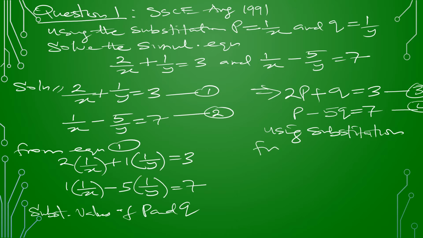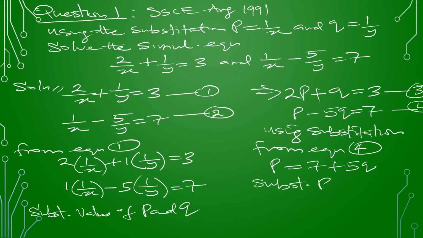So from equation 4, if we want to make P the subject of the formula, we have that P is equal to 7 plus 5Q. Now, we substitute the value of P into equation 3. What do we now have?